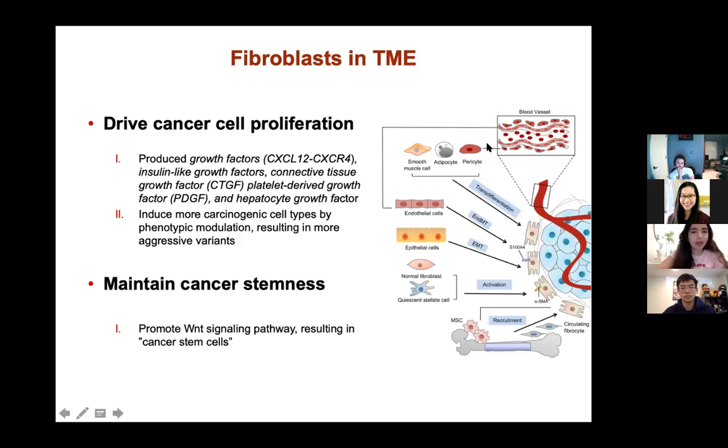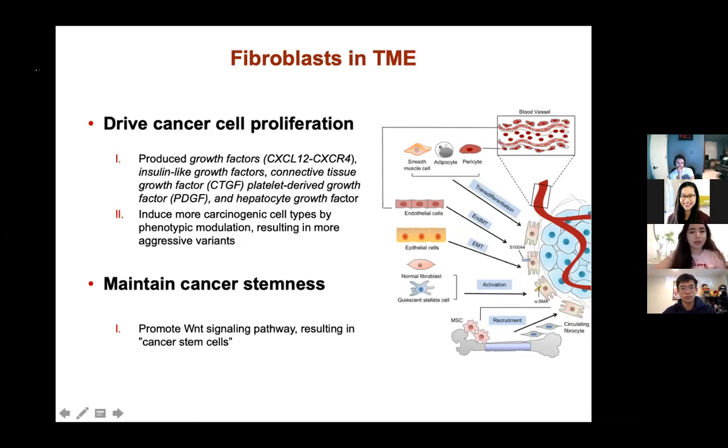What they do that's very, very interesting is that they induce more carcinogenic cell types. They basically remodel the extracellular matrix, and through that, they end up remodeling the cancer cells phenotypically, and then the tumor results in a more aggressive variant.